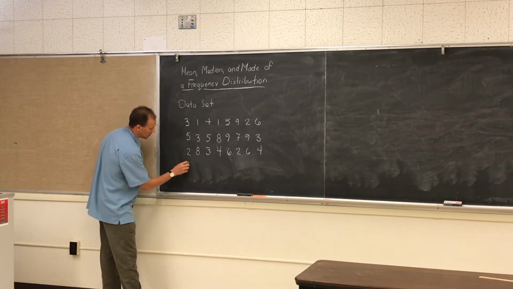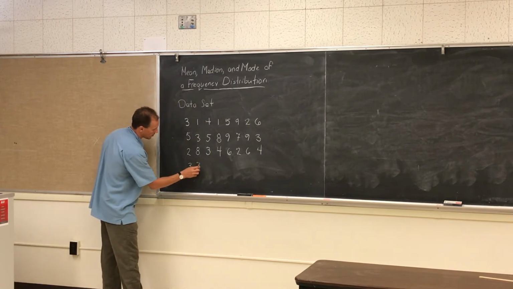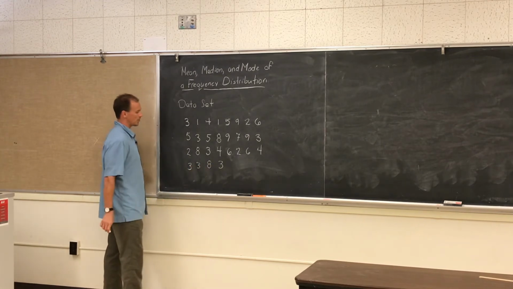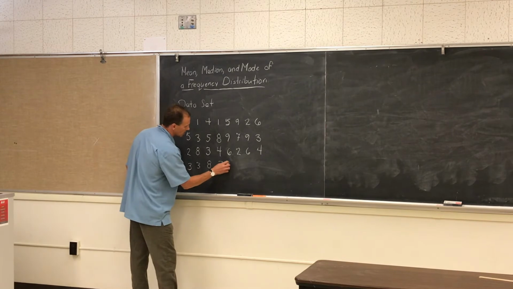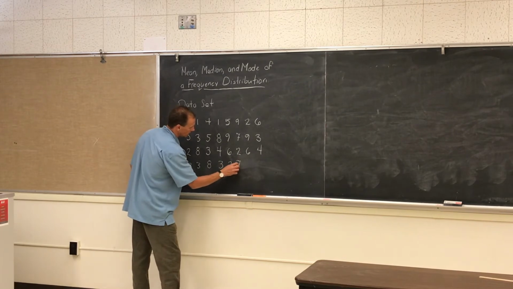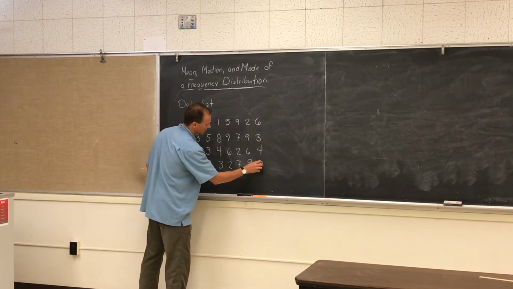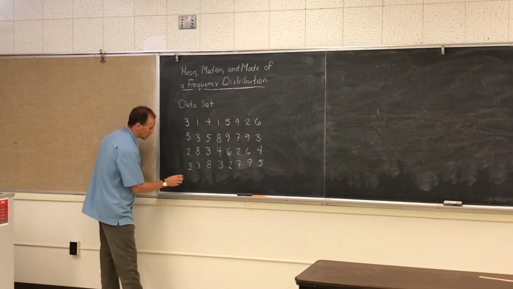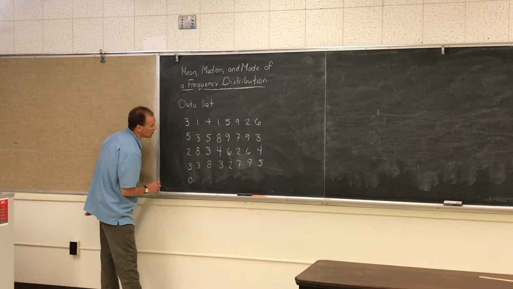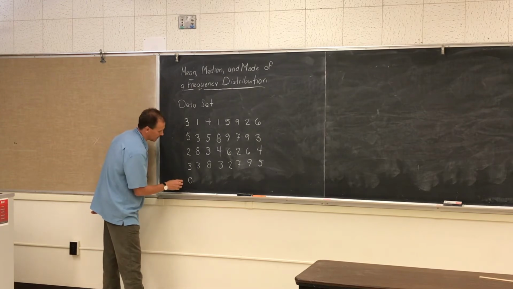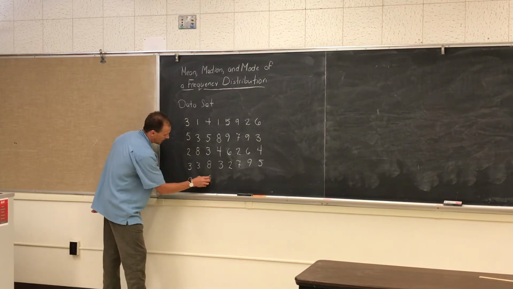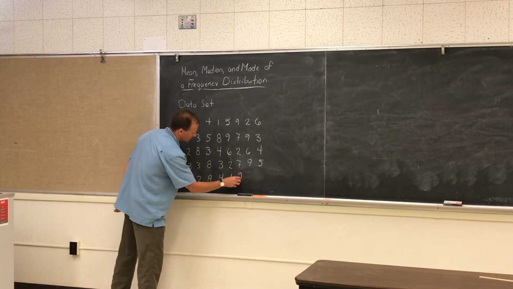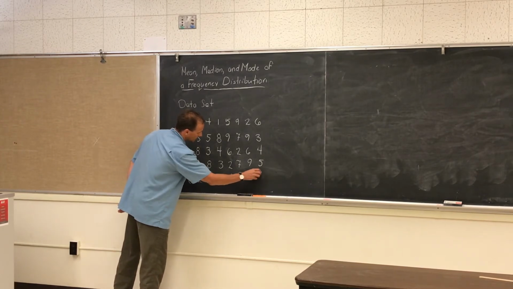Our next row is going to be 3, 3, 8, 3, 2, 7, 9, 5. Our last row is 0, 5, 2, 8, 4, 1, 9, 7, 1.